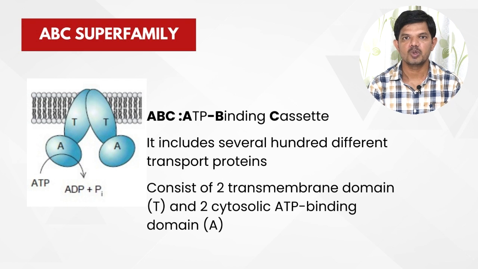All ABC transport proteins share a structural organization consisting of four core domains. There are two transmembrane T domains forming the passageway through which transported molecules cross the membrane, and two cytosolic ATP binding domains, denoted by the capital A.